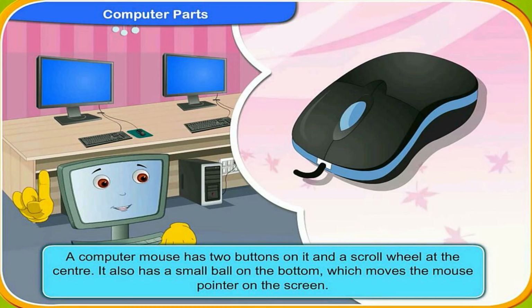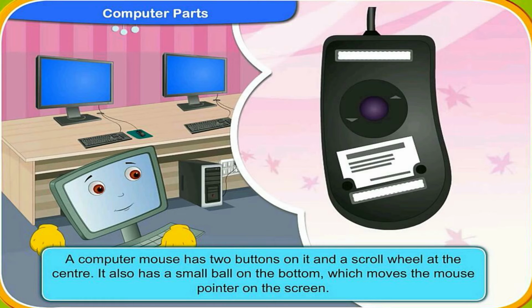It also has a small ball on the bottom, which moves the mouse pointer on the screen. You can see the bottom part of the mouse on your screen. It is called the trackball.